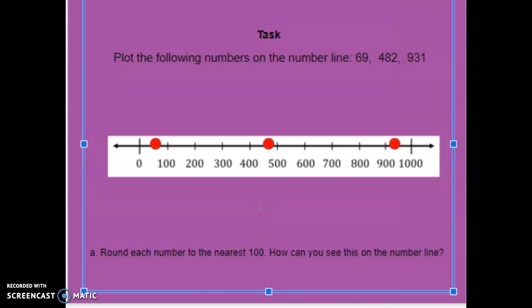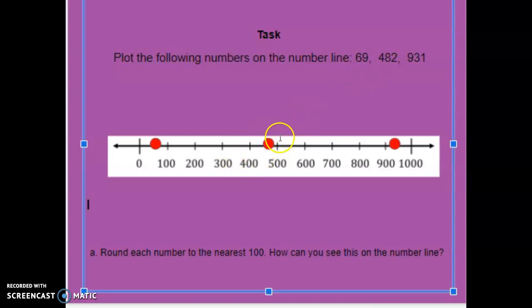So let's now look at that number line and decide what each of those would round to. If I'm looking at the 69, I know it's more than halfway between, and it's going toward the 100. So 69 would round to 100. If I'm looking at 482, again, I'm going to look at that same thing.